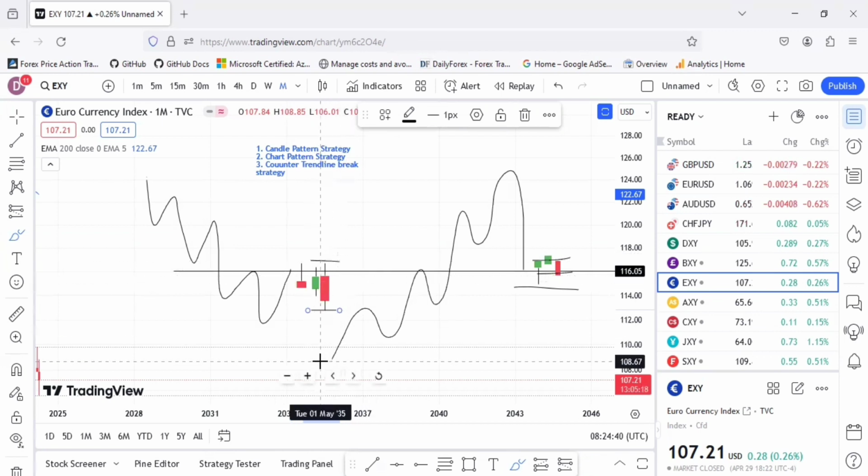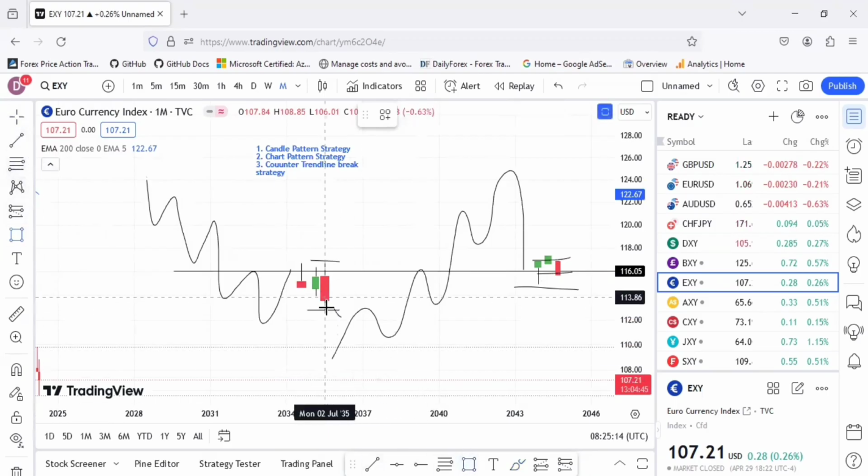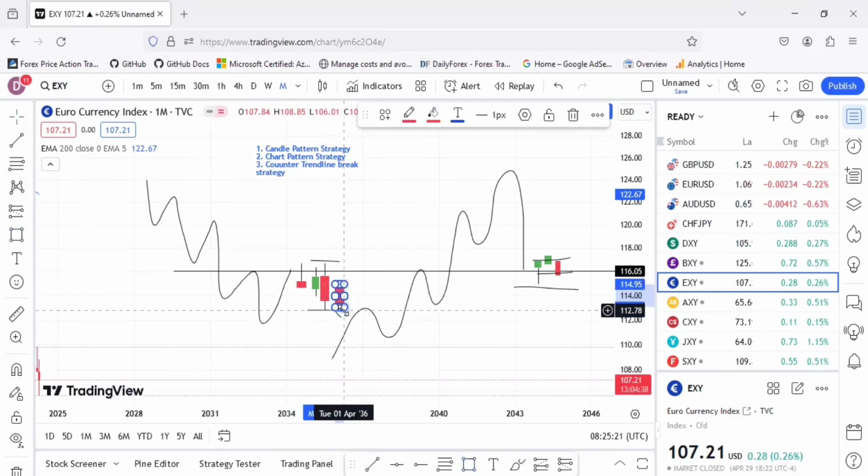You understand? Then the conservative entry, you might wait for a retest of this candle, maybe something like this. Excuse me. You might wait for something like this to happen before you enter.